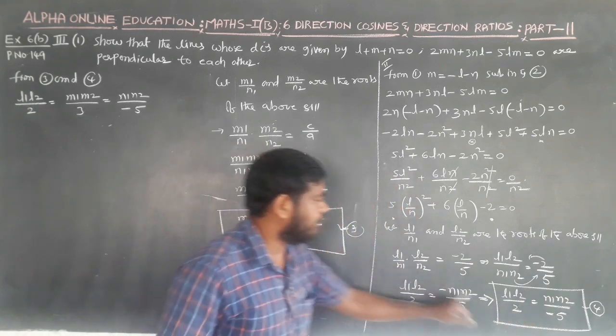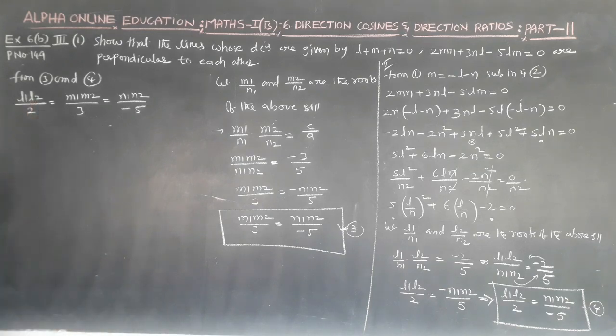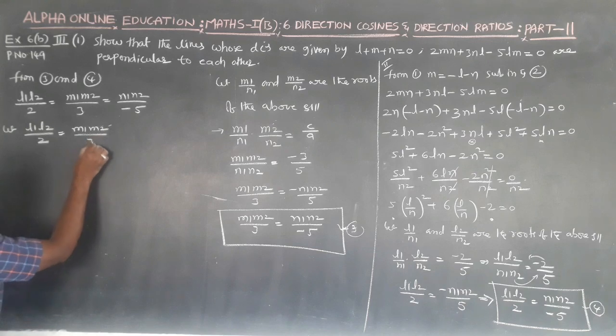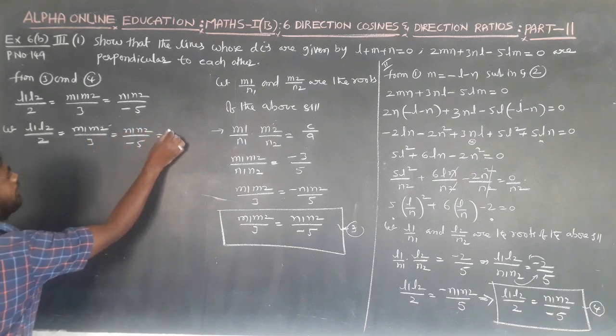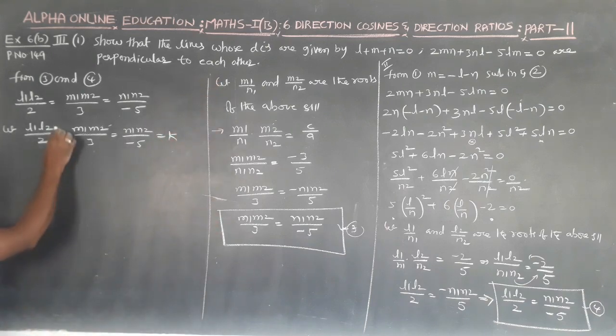So equating 3 and 4, l1 l2 by 2 is equal to m1 m2 by 3 is equal to n1 n2 by minus 5, equal to some constant k.